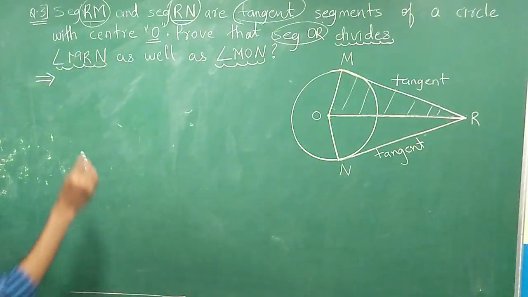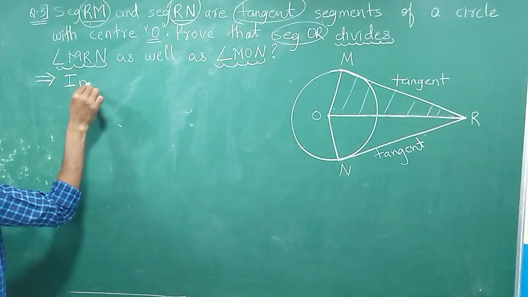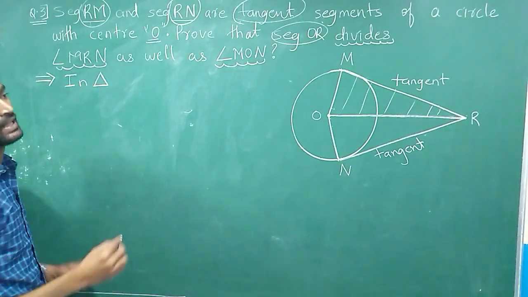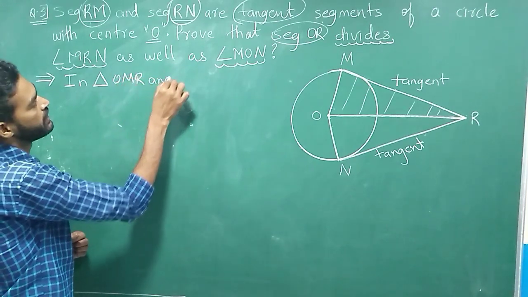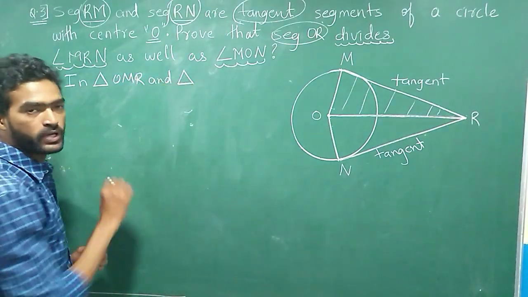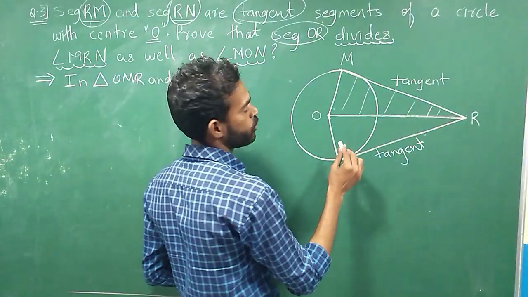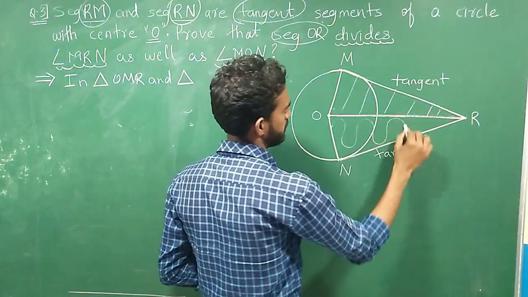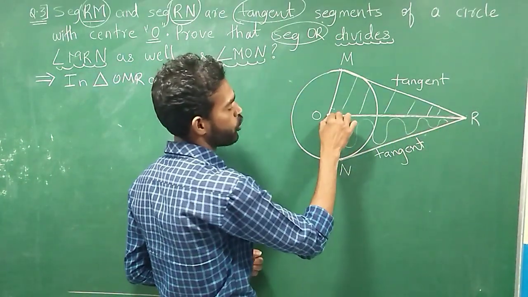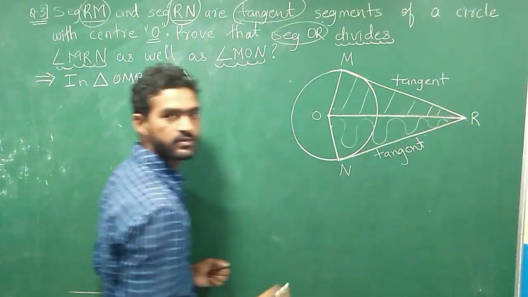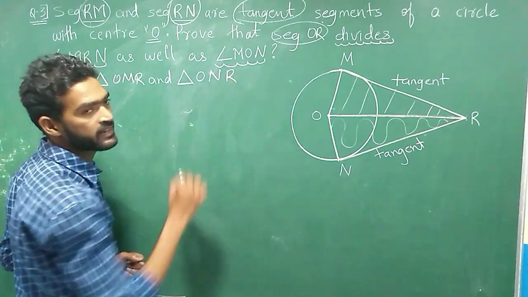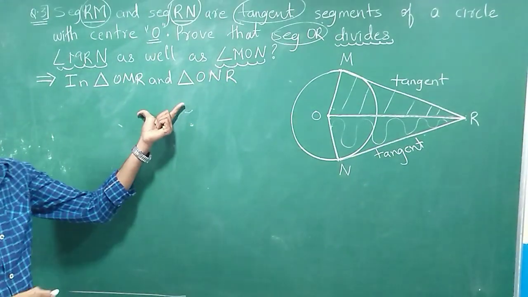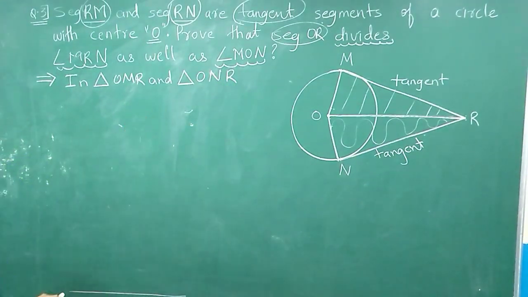So I'll select triangle OMR, and we need to select one more triangle, this lower triangle ONR. First we need to prove them similar or congruent.